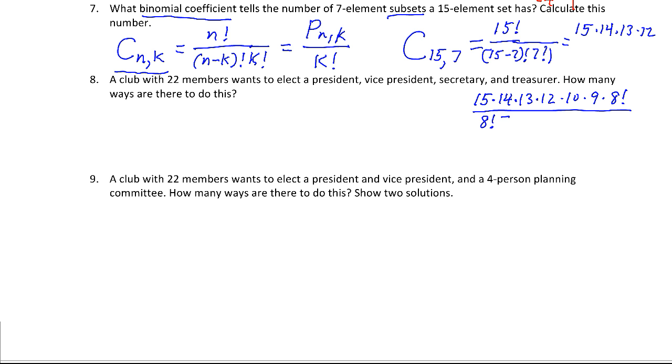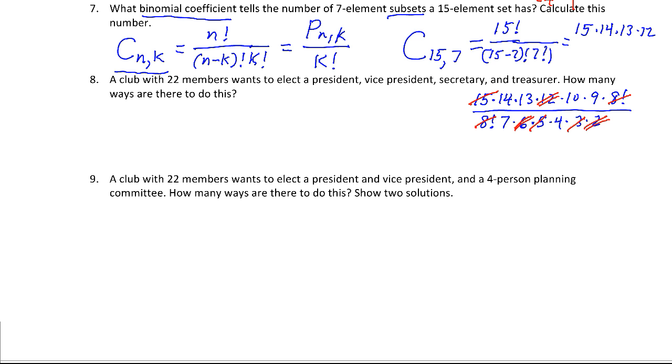And then I'm going to write the 7 factorial out. 6, 5, 4, 3, 2. And I don't have to say times 1. I'm going to go ahead and cancel the 8 factorials. I'm going to take a 15 and cancel it with a 5 and a 3. I'm going to take 12 and cancel it with a 6 and a 2.